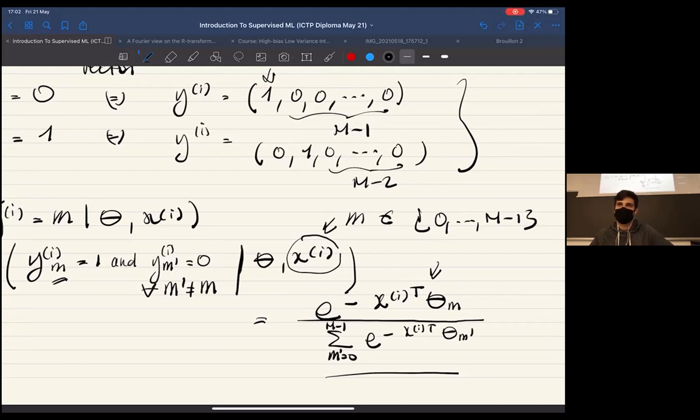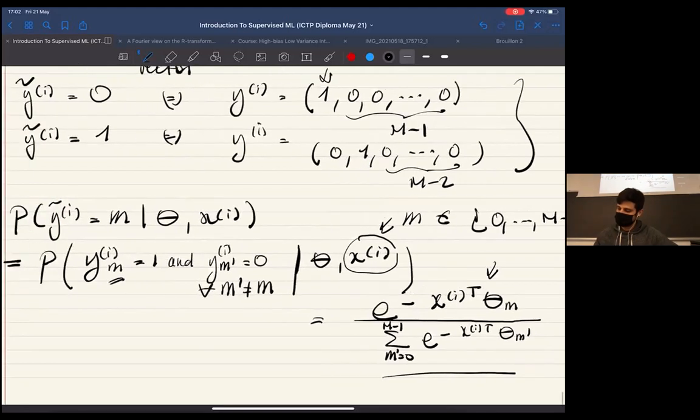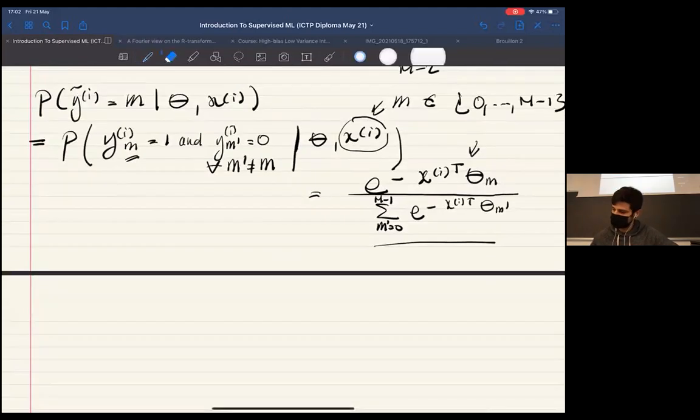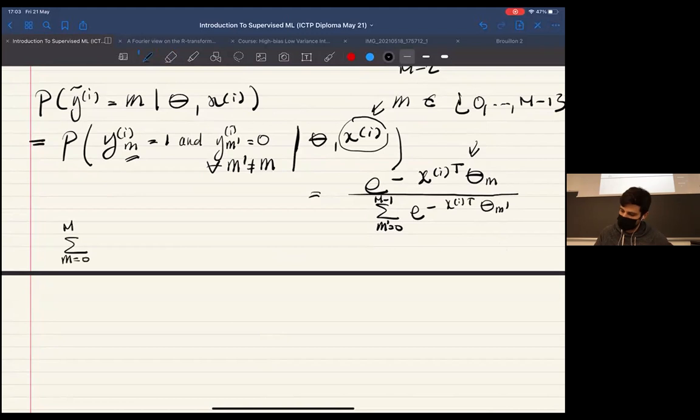Concretely, the sum over m equals 0 to M minus 1 of these probabilities is equal to 1. It's properly normalized.